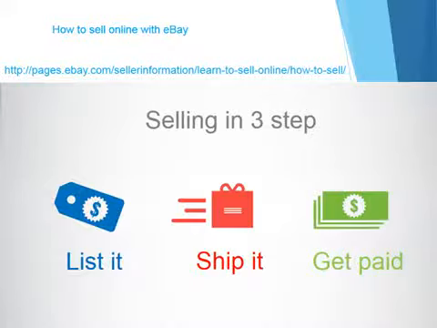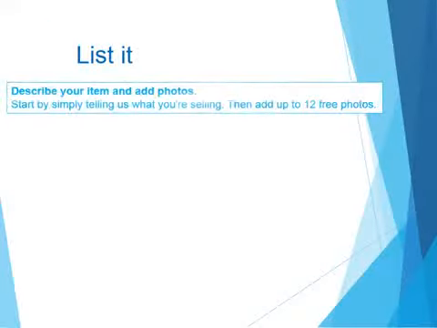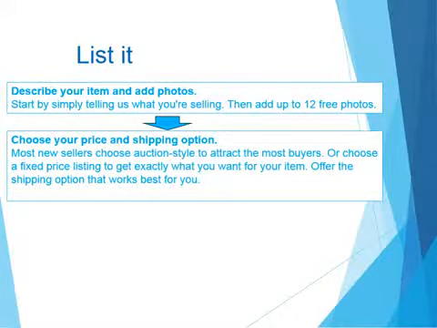So how to sell online with eBay. This is the official eBay tutorial. You can also find it on page.ebay.com/selling information/learn to sell online/how to sell. That's the official tutorial. They say it's in three steps: list it, ship it, and get paid. About listing it, you first have to describe your item and add photos, of course in the different languages of eBay.